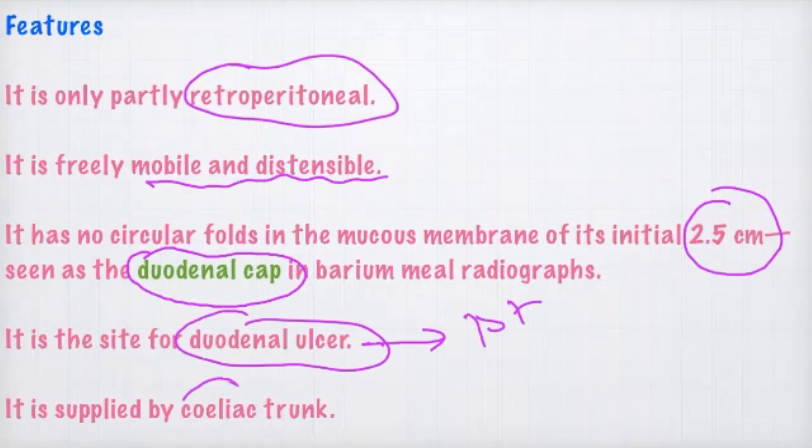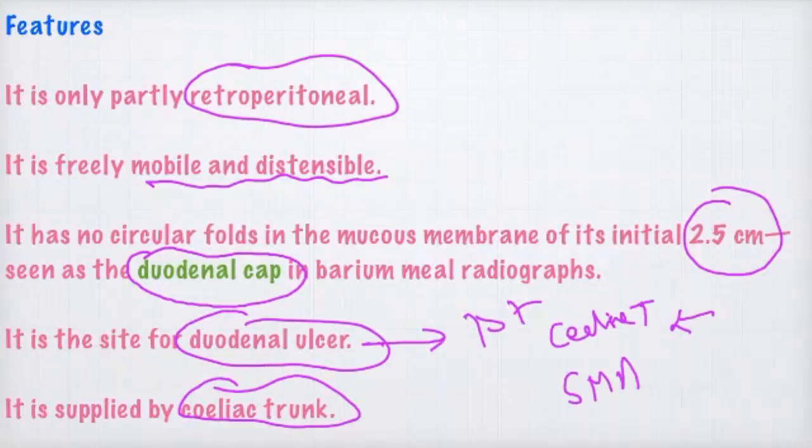And it is supplied by the celiac trunk because the duodenum develops from both foregut and midgut, right? So the celiac trunk is the artery of the foregut and the superior mesenteric artery is the artery of the midgut.